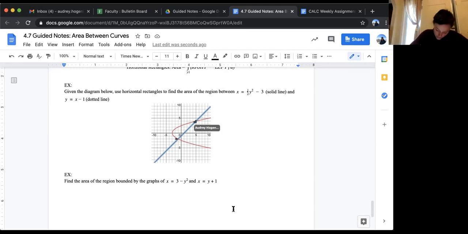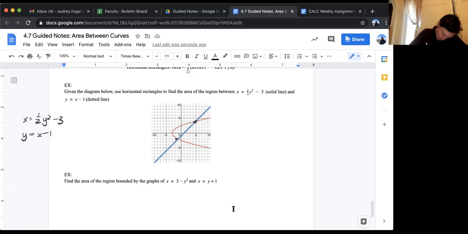So what we are going to do is set our two functions equal to each other. First, I know that I have x equals 1/2 y squared minus 3 and y equals x minus 1. I want to solve for y, so I'm going to solve y equals x minus 1 in terms of x.